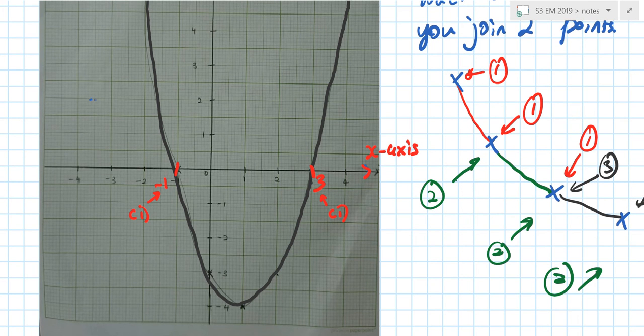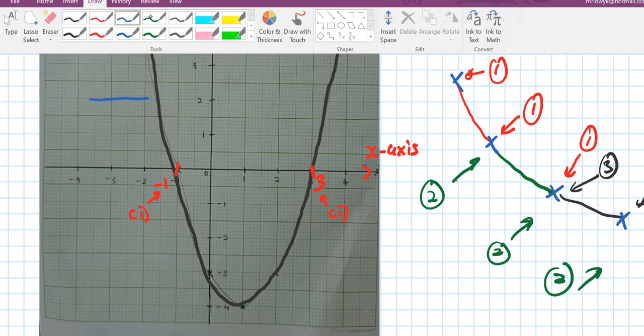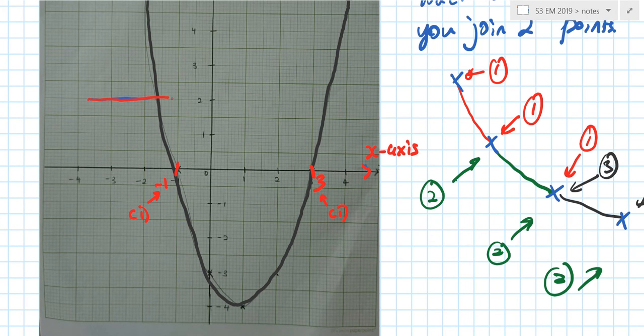So y equals to 2 is here. Blue cannot see. Y equals to 2 is here. So drop down. Can you tell me the value? Negative what? 1.5.